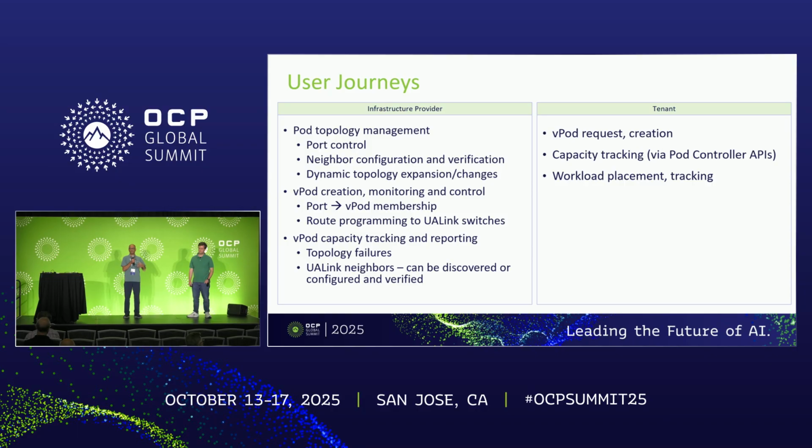How can we relate workloads to physical failures like thermal failures or equivalent? And on the tenant side, it's just a complementary aspect of what we just talked about. vPod requests, creation, deletion, effectively the CRUD APIs or equivalents, and then we provide the capacity tracking towards the tenants. These are all the APIs that the pod controller needs to support.